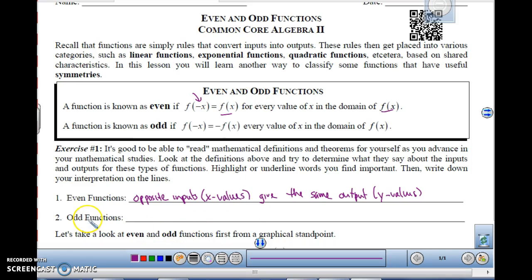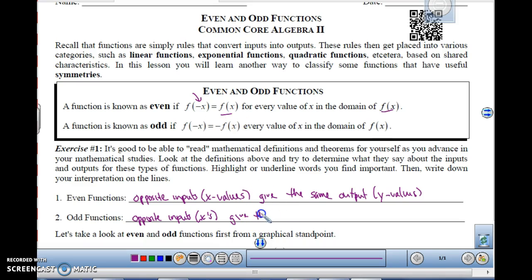Okay, now, odd functions. Notice this is opposite inputs again. Opposite inputs, again, which are the x's, give, now, when you put in a negative value, you're going to get a negative y.